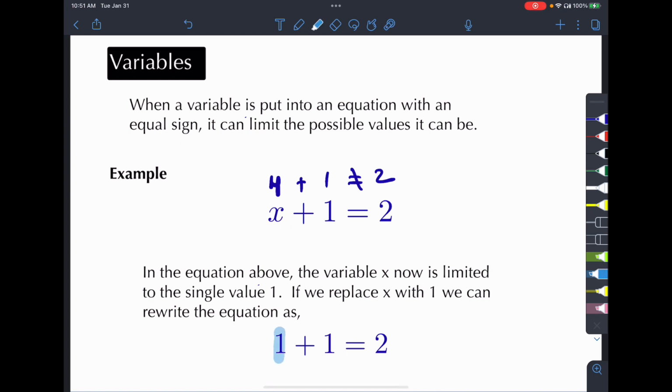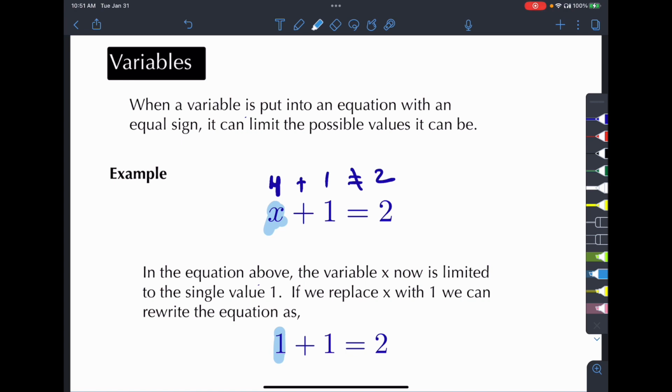The only value x could take on is 1, because 1 plus 1 is equal to 2. So even though x is a variable, when it's in an equation like this, we restrict the possible values it could take on.